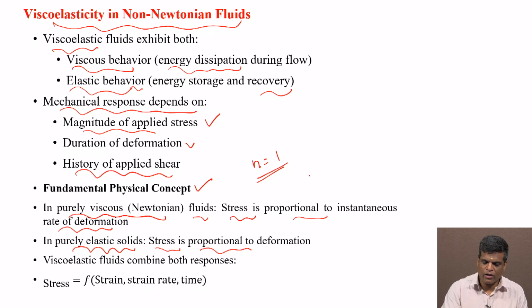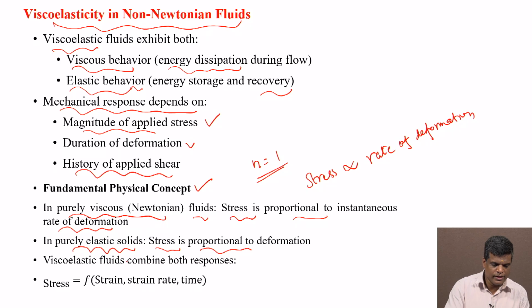The first one is for viscous, where the stress is proportional to rate of deformation, and the second one is for elastic solids, where the stress is proportional only to deformation.